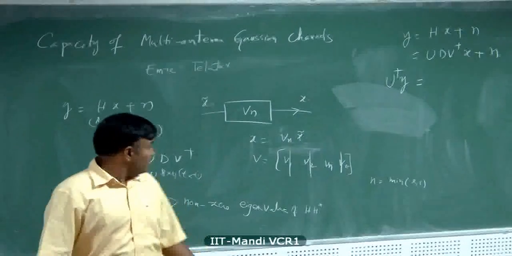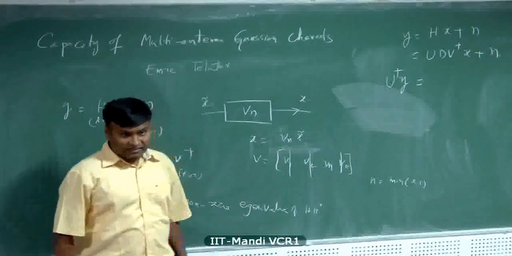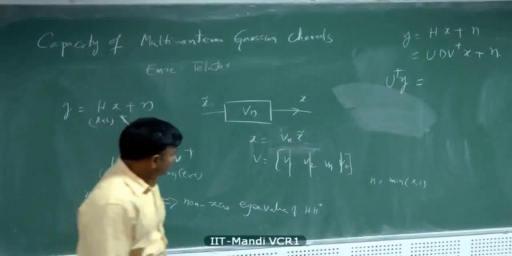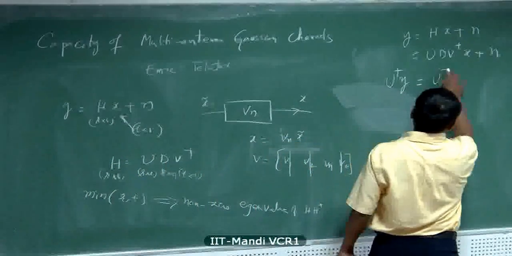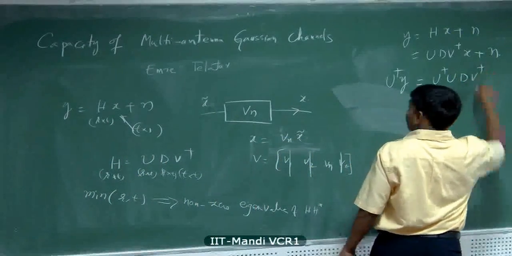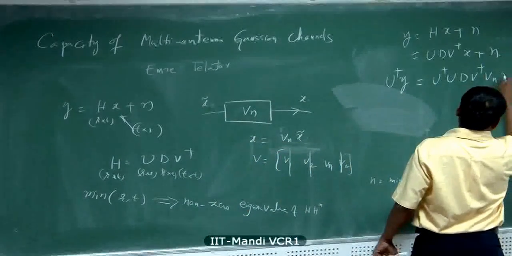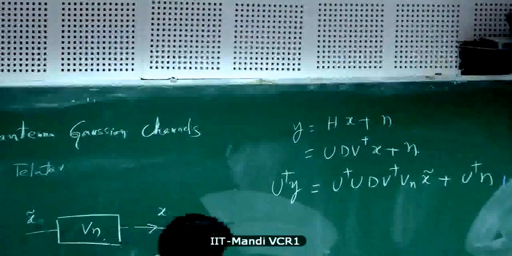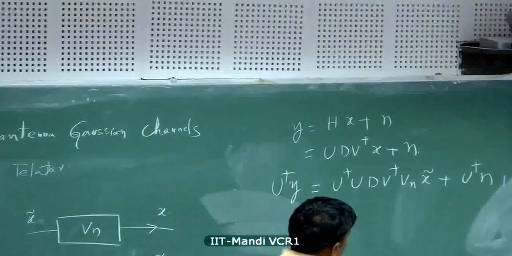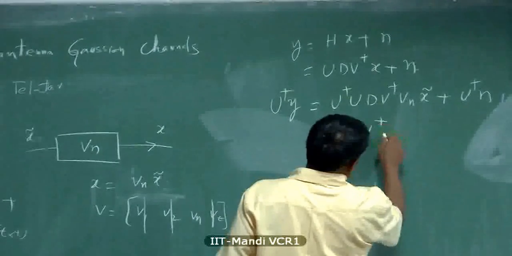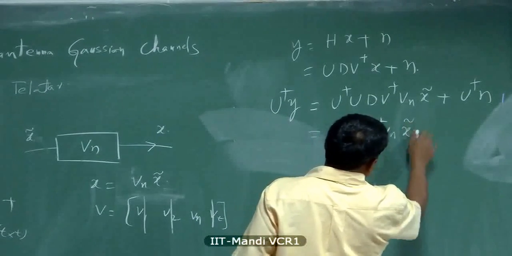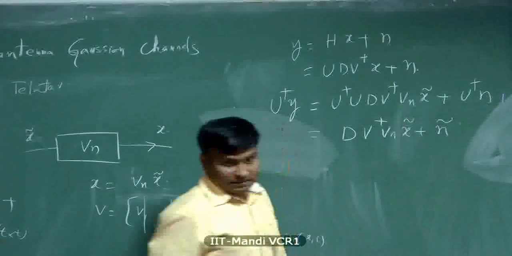It's called receive beamforming filter. This is maybe called transmit beamforming filter. That would be equal to U Hermitian U D V Hermitian x, where x equal to Vn x tilde, plus U Hermitian n. That gives us D V Hermitian Vn x tilde plus n tilde.